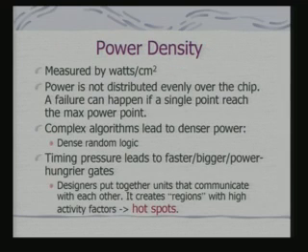So, a particular point of consideration here is power density, that is how much heat is getting dissipated over the chip area, and this is typically measured in watts per centimeter square. Power is not in general distributed evenly over the chip.